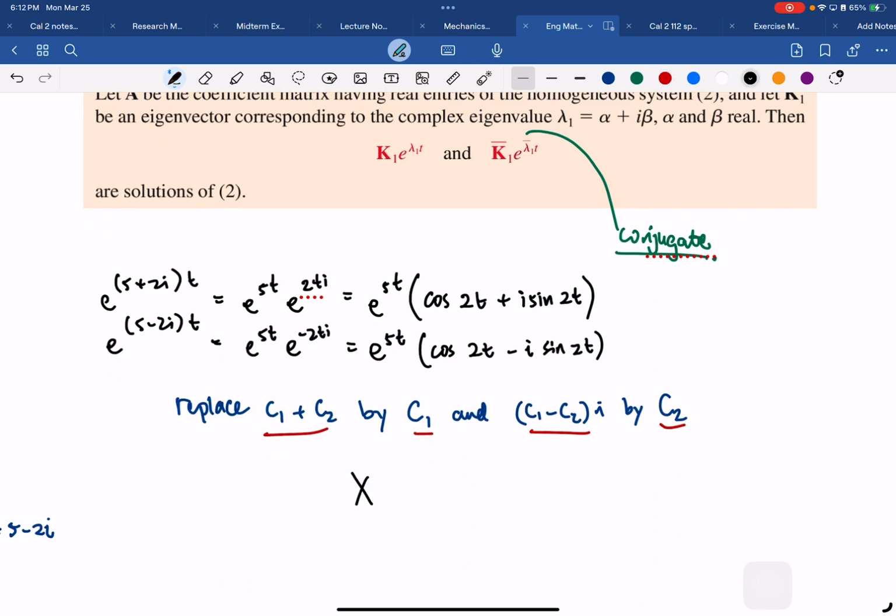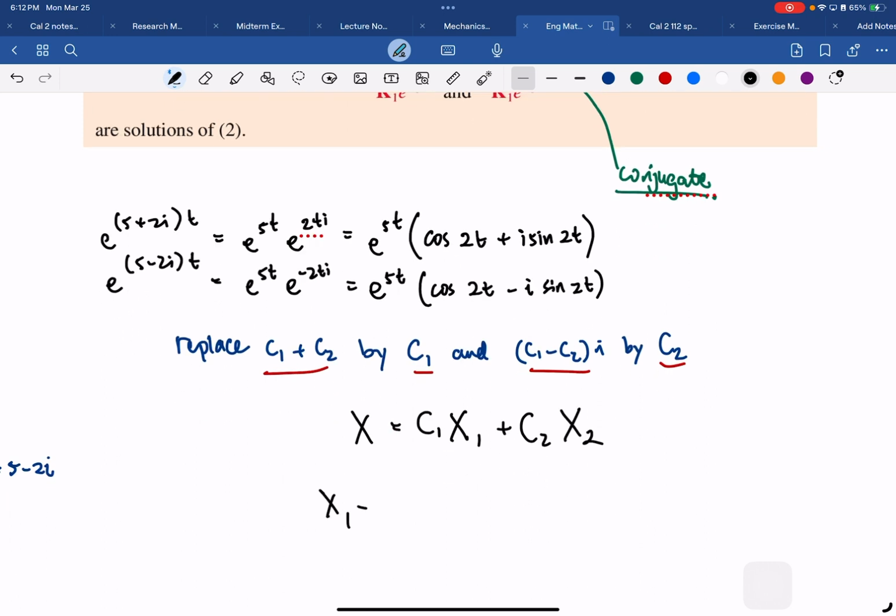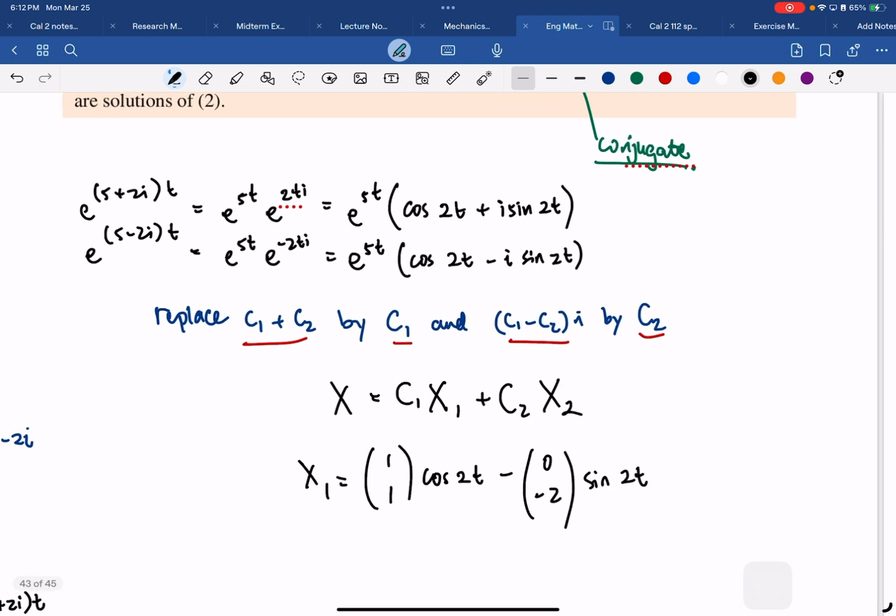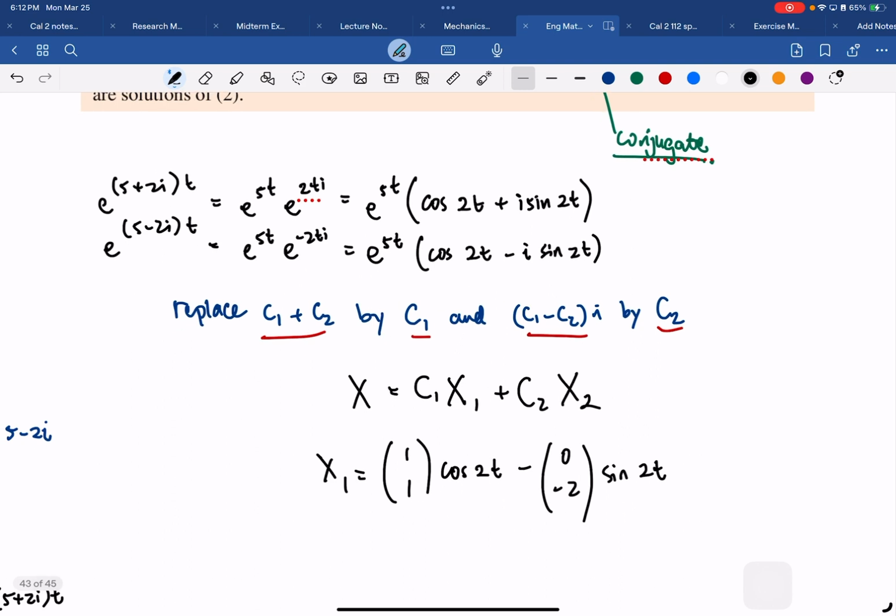And then we can write x as C1 x1 plus C2 x2, where x1 is 1 cosine 2t minus 0 minus 2 sine 2t, and then multiplied with e^5t.